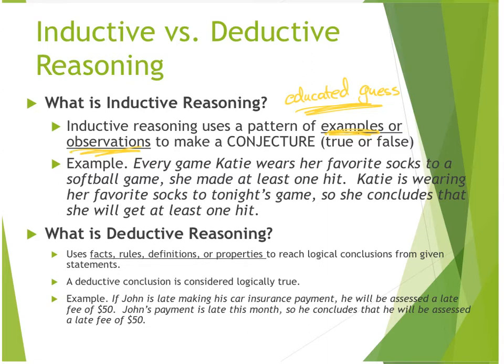The second reasoning is the opposite of that. So inductive reasoning is an educated guess. Deductive reasoning is a conclusion built off of facts, rules, definitions, all that stuff. So an example of someone who uses this is Sherlock Holmes.